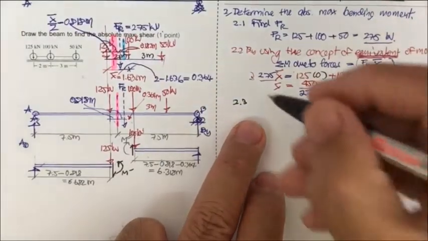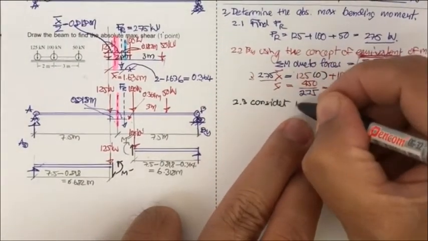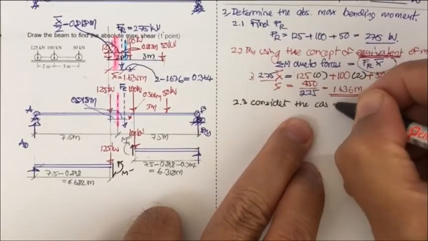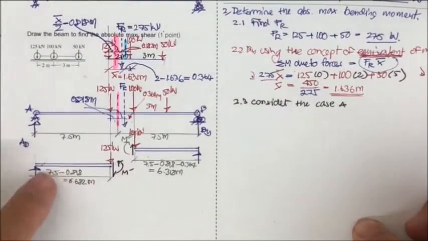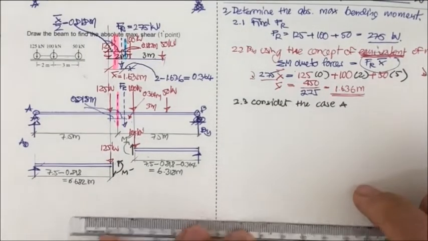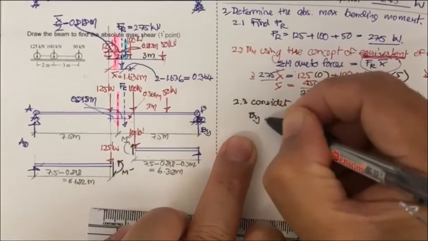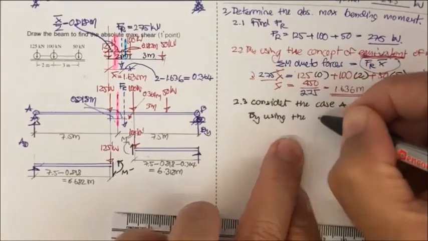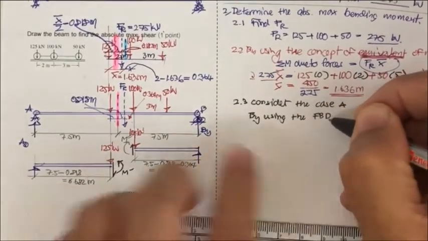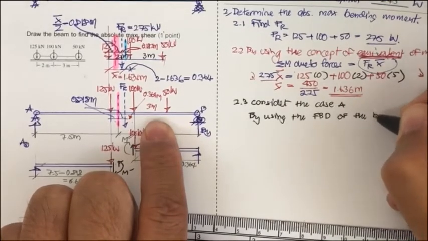Consider the case, let's see, A. I call this one case A. And what we have is, by using the free body diagram of the beam.